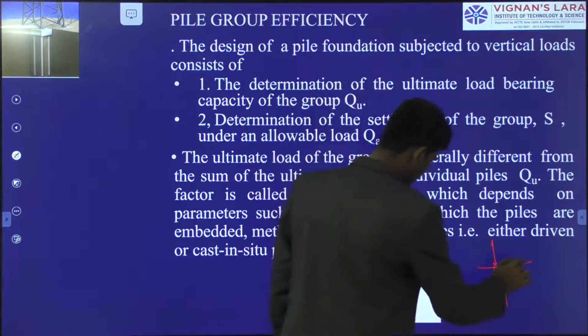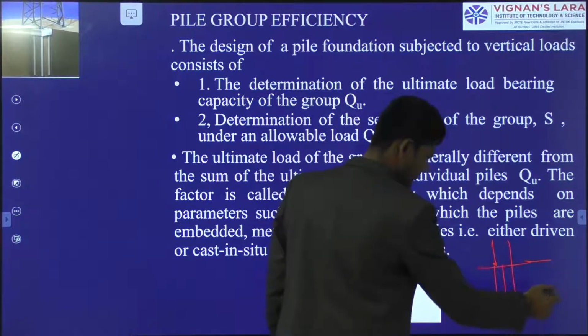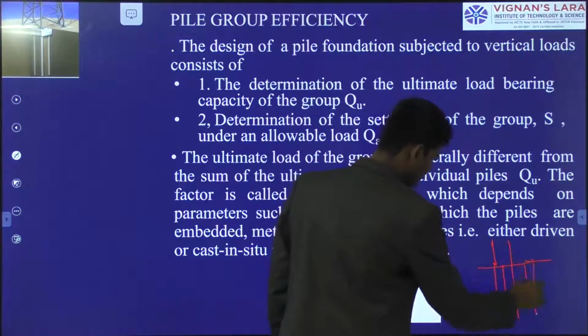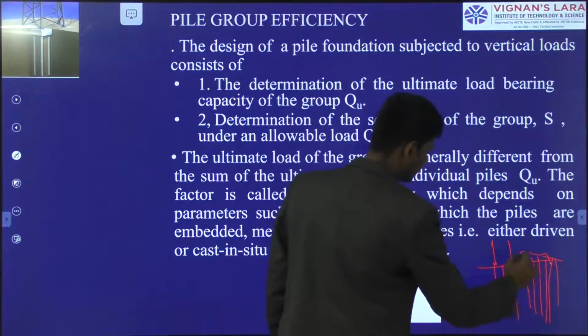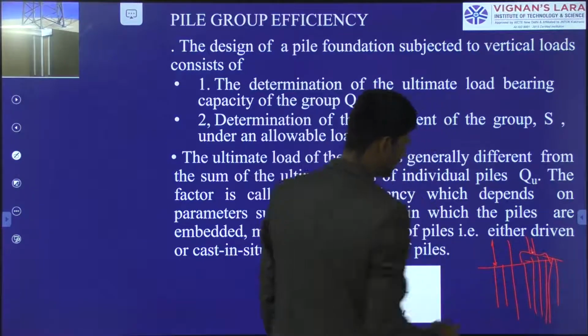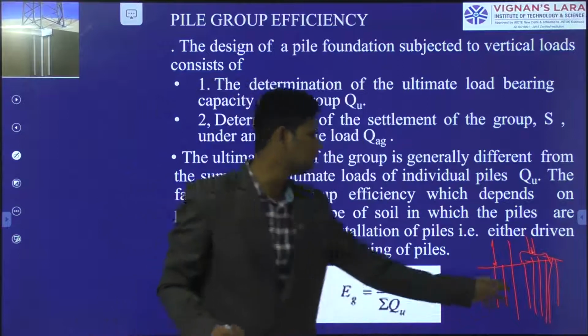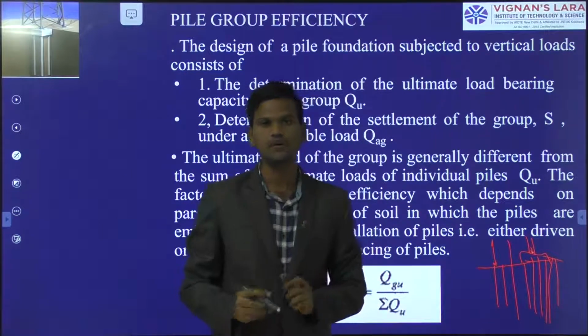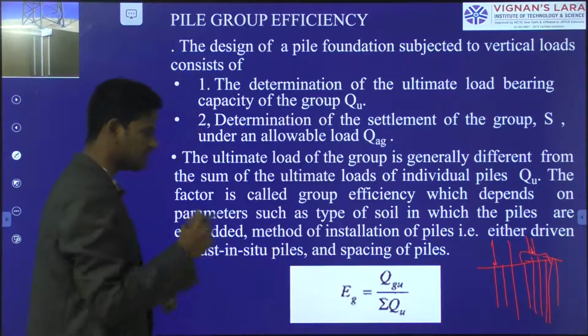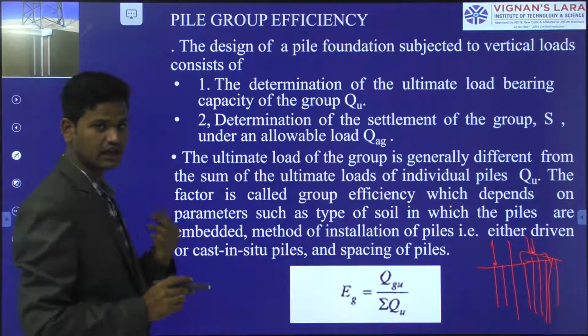Again in the same type of soil, beside this I insert 2 or 3 more piles, provide one pile cap, and again apply the load. In this situation the load carrying capacity of the piles will be more compared to the individual pile. That is because of the number of piles we are inserting, and the efficiency of the pile may increase.